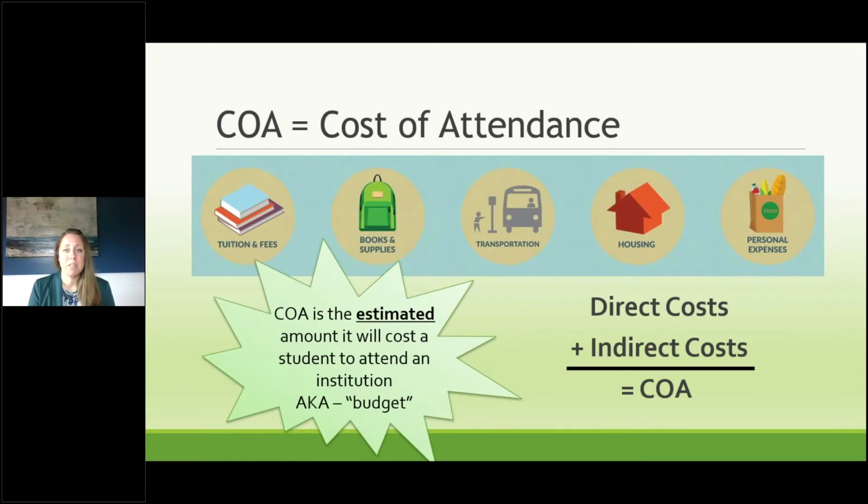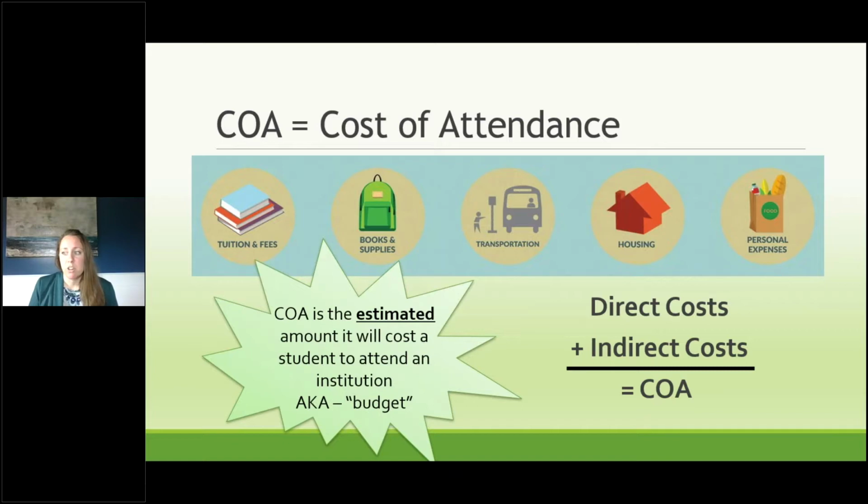A lot of times students and families see a cost of attendance that is $30,000, $40,000, $50,000 for one school year, and they really panic and think, there's no way I can afford this. But understand that the cost of attendance is not a number to stick to. That number is an estimated cost coming from the college that gives a general idea of what to expect.